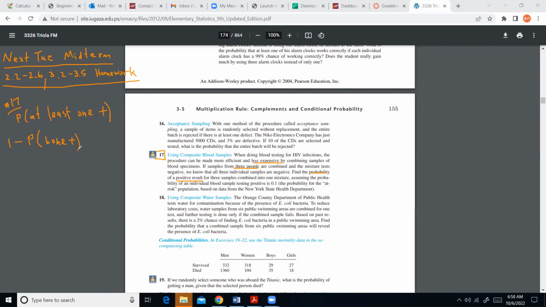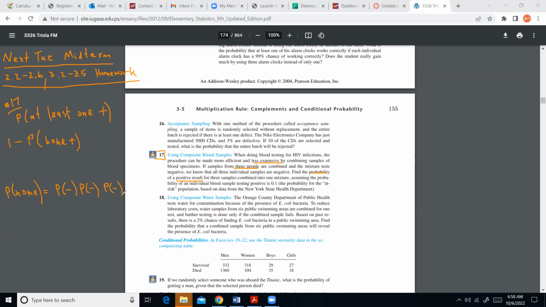Remember, that's the standard approach to an at-least-one problem. So we need to get the probability that none of them are positive, and we can find that by noticing that the first needs to be negative, the second also must be negative, and the same for the third one, because if you get at least one positive, then everything will be positive.